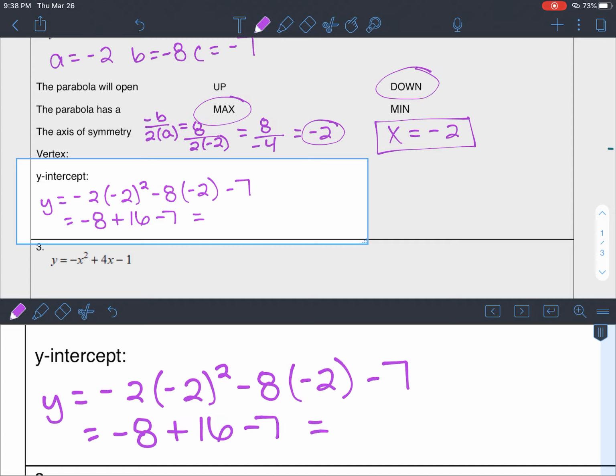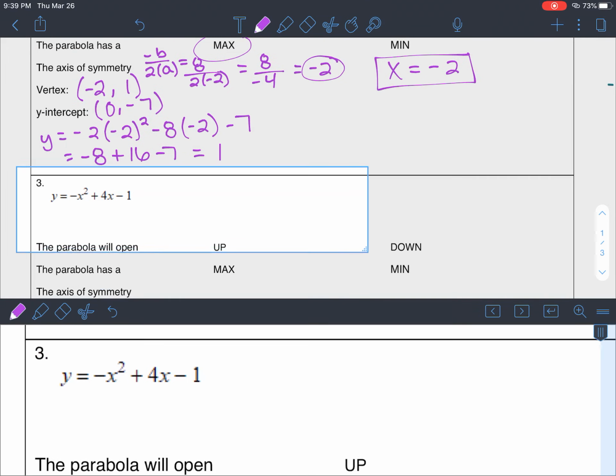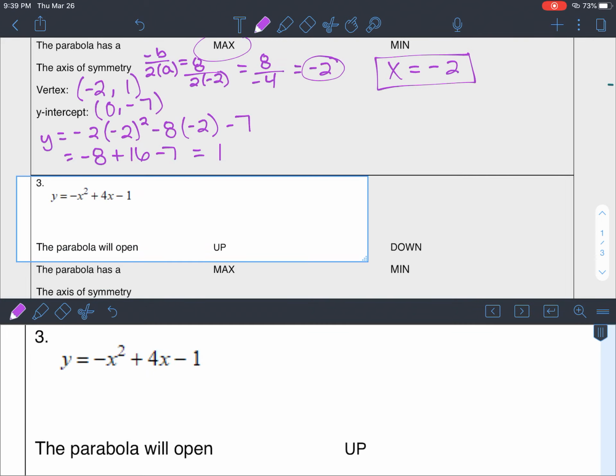So -8 plus 16 gives me +8. 8 minus 7 gives me +1. So my vertex is at -2, 1. Last step is that y-intercept value, which is just 0 and my c value. So 0, -7. I think I'm going to start using different colors because all that's kind of getting jumbled up.